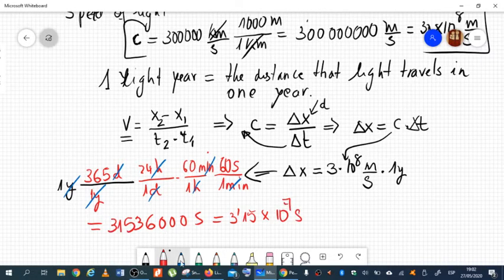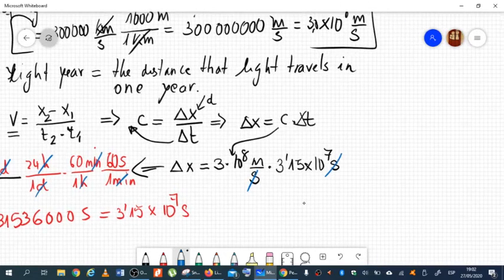So if we substitute 1 year by this quantity in seconds, we cancel the seconds and do this operation.